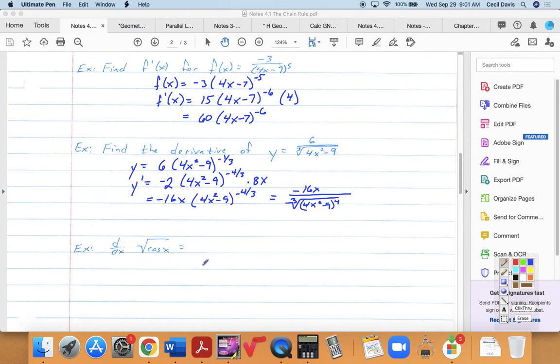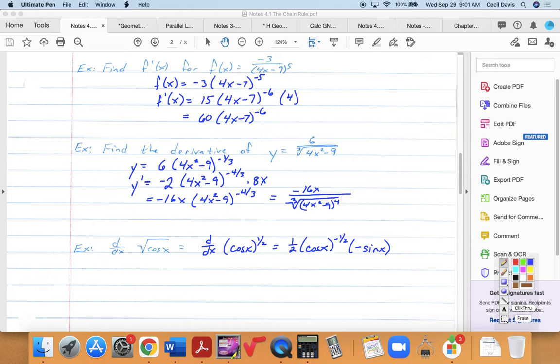So for this one, this will be the derivative with respect to x of cosine of x to the 1/2 power. So we'll deal with the outside part, 1/2 of cosine of x to the negative 1/2, times the derivative of cosine of x, which is negative sine of x.